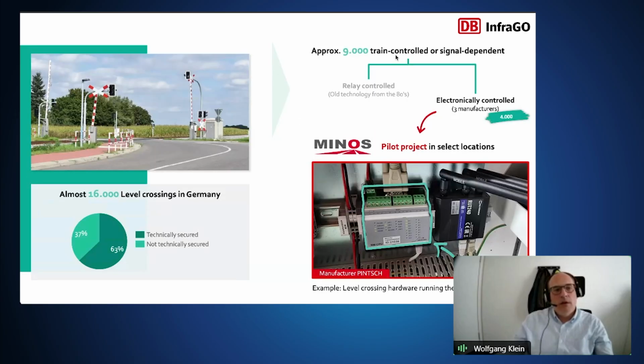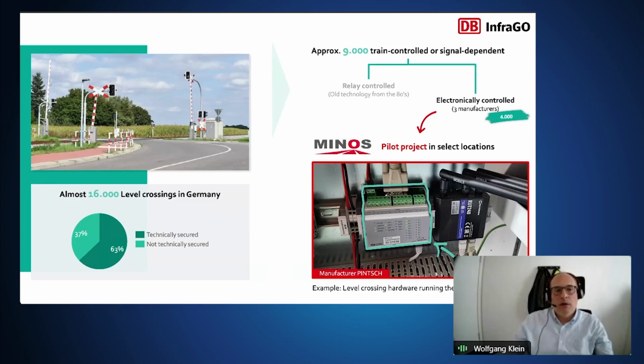The other one is regarding level crossings. In Germany, we have around 16,000 level crossings across the country. Not all of them are technically secured. There are smaller ones that are not, but the biggest ones are technically secured.